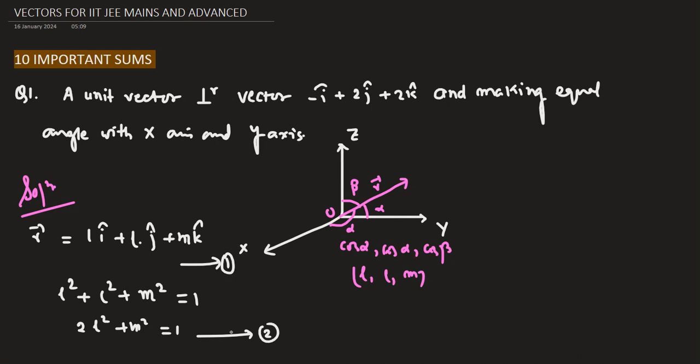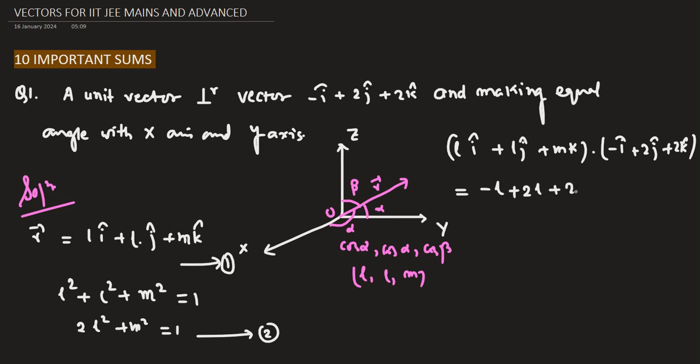Now one more condition is given, that the unit vector is perpendicular to the given vector. So our unit vector is l i, l j and m k. If I take the dot product with minus i plus 2j plus 2k, this will be l into minus 1 is minus l, l into 2 is 2l, m into 2 is 2m.